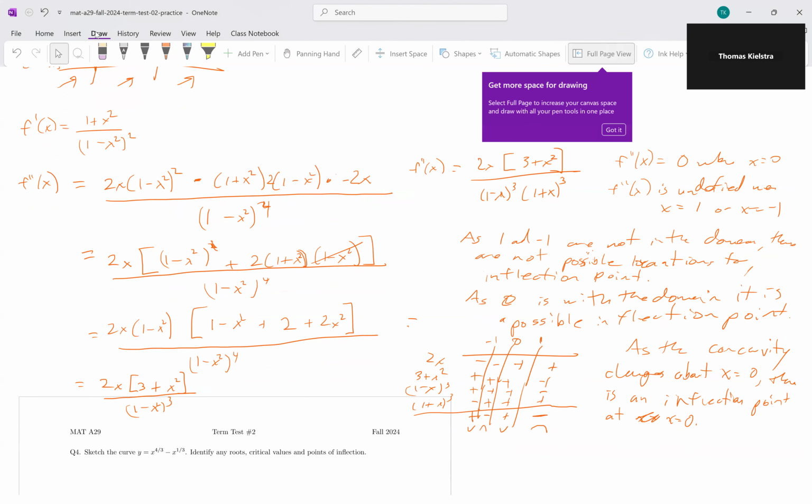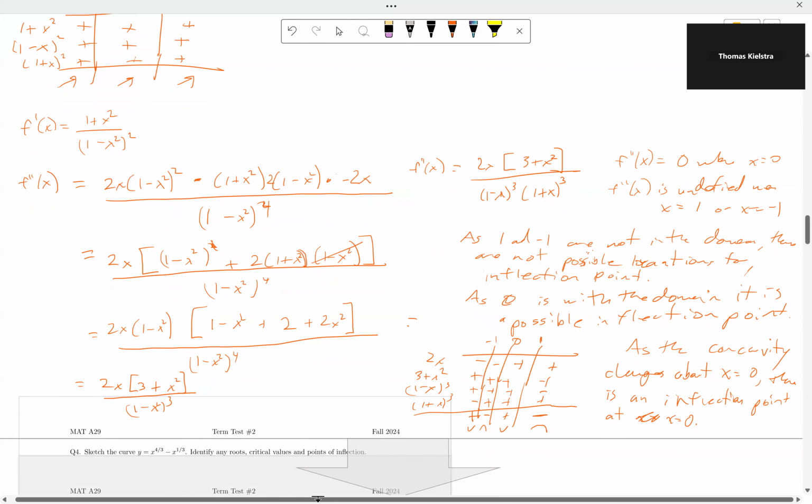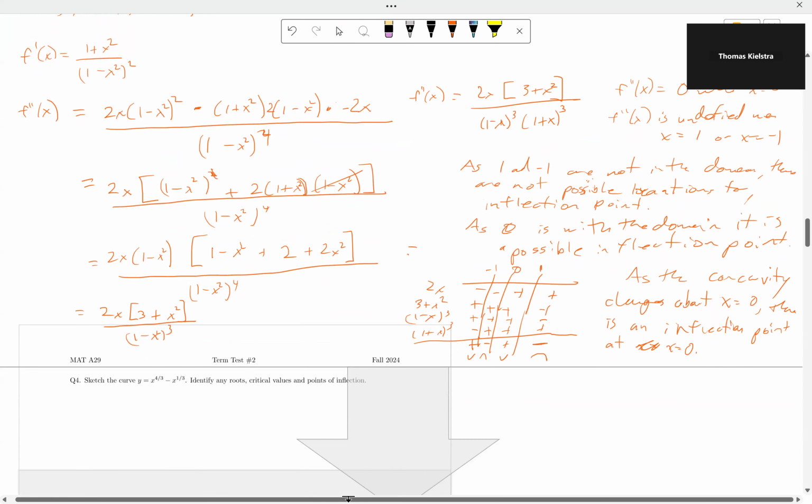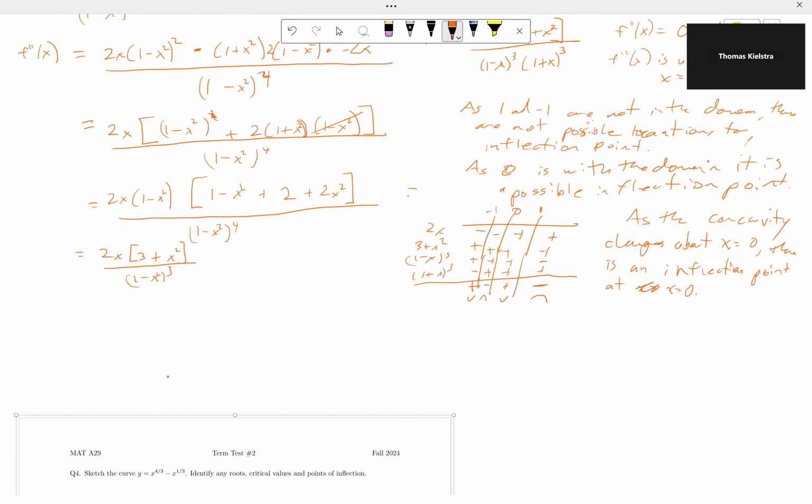Now we are going to incorporate all of this into a nice sketch. Let's insert some space. In my sketch, I want to incorporate the fact that I have an asymptote at 1 and minus 1.